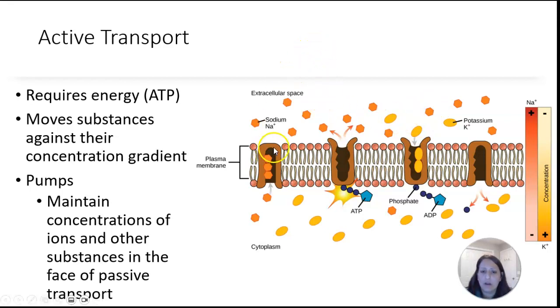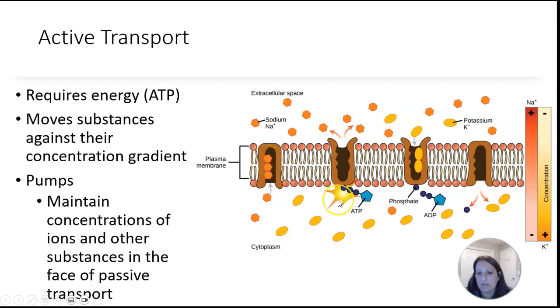And so here we go. This is the first conformation, or the first shape here. And so we can see that the hydrophilic core of this is going to allow 3 sodiums, so 3 Na+, to bind to the inside of here, okay?